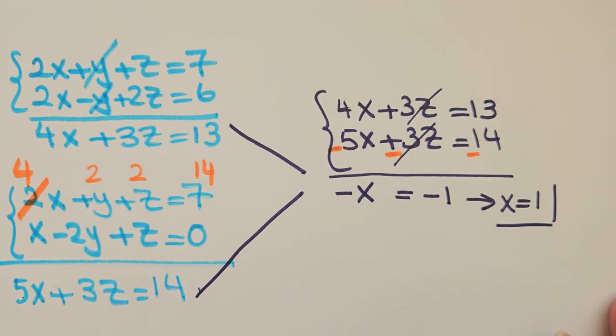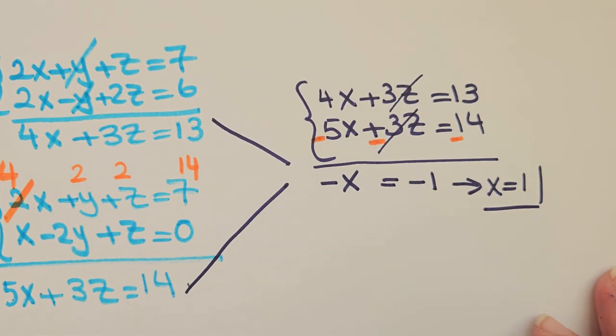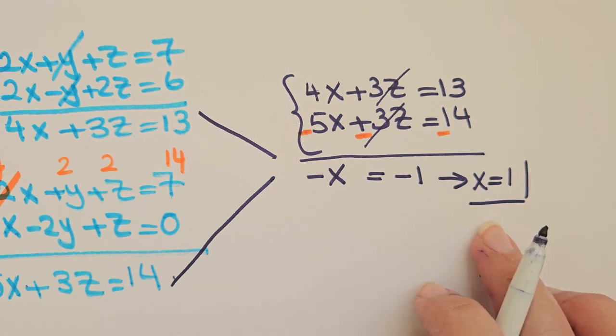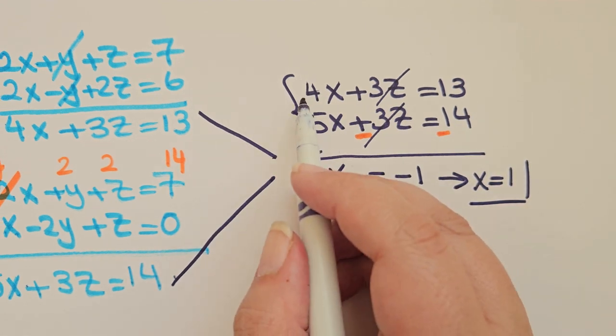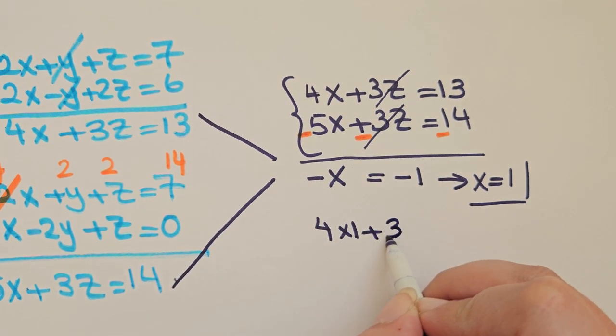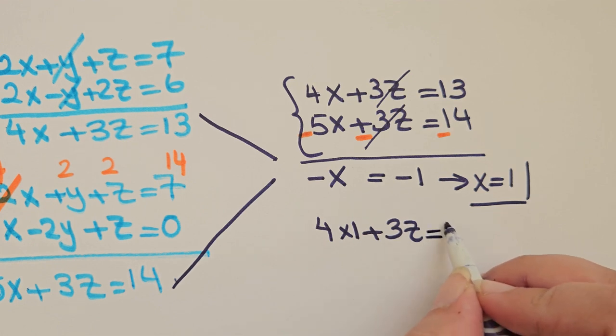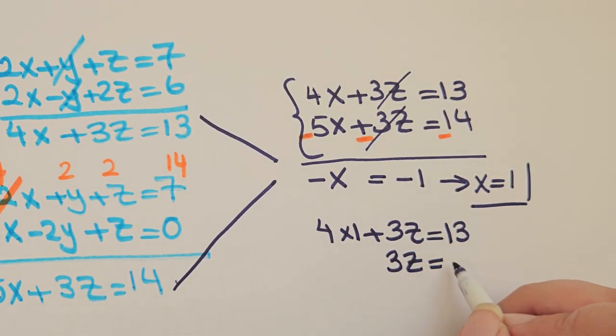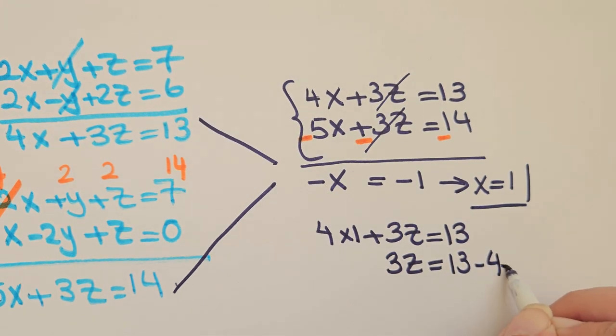Okay, so we found the x coordinate. Now let's plug it into one of these equations and find the value of z. So here I use this equation, 4 times 1 plus 3z is equal to 13. So 3z is equal to 13 minus 4, which is 9.